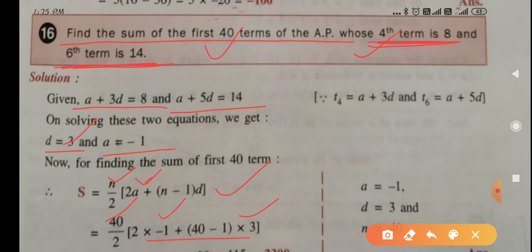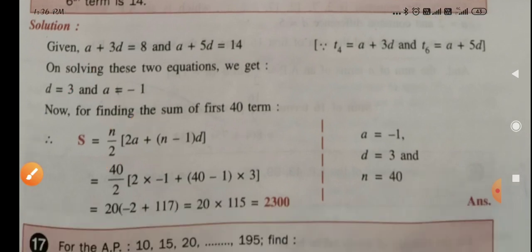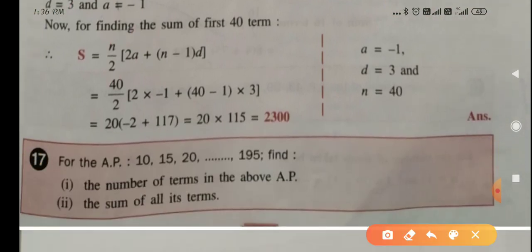After putting the values and simplifying, 20 into -2 plus 117, 20 into 115, the answer is coming 2300. It is the required sum.